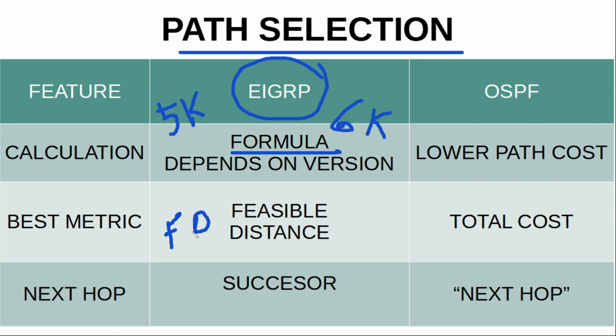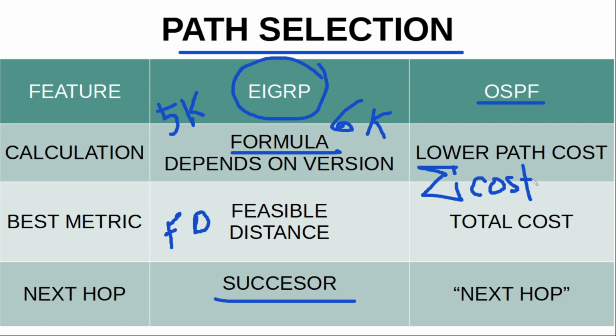And then the router that will let us reach that destination, the next hop, is going to be the successor for EIGRP.